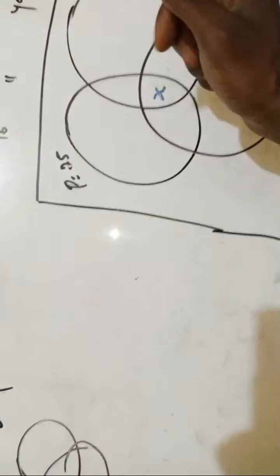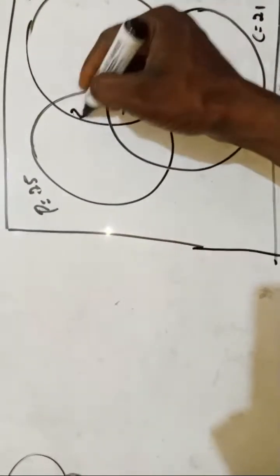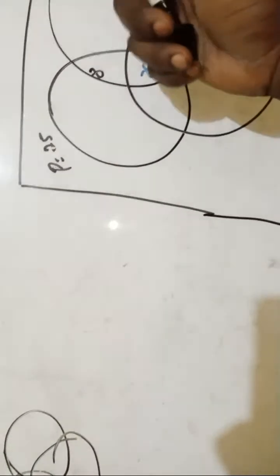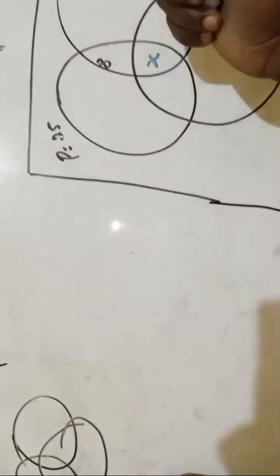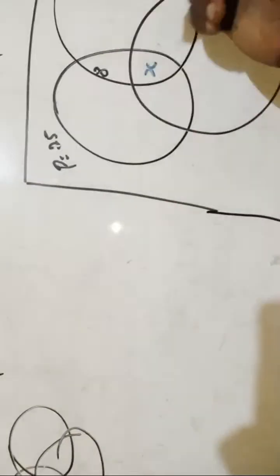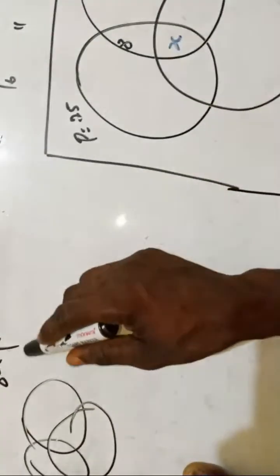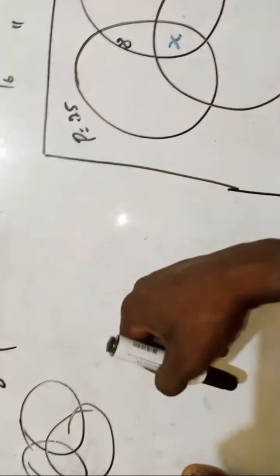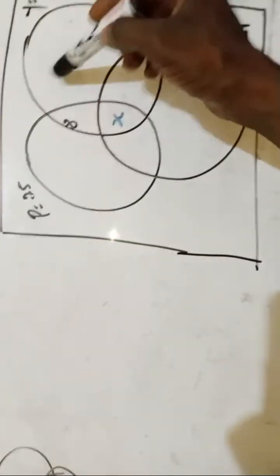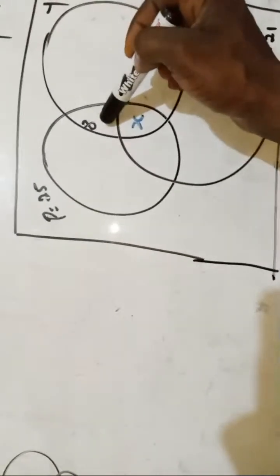Should I put all the 8 people here, or should I subtract? Let me hear from the comment section below. If you have an idea, there is no wrong or correct answer, just say anything, right? We know this is the portion of the plantain, this is the yam, so if you are buying the two, this is your room, this is where you are supposed to be, right?